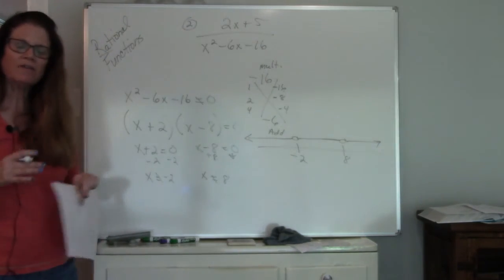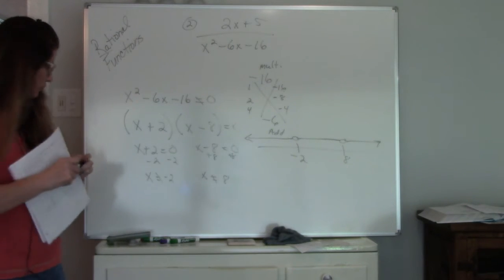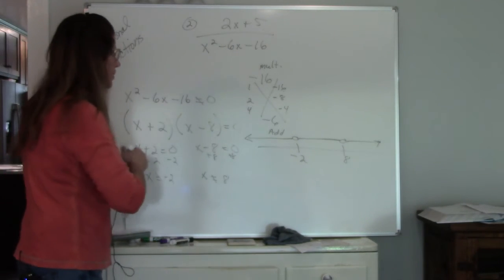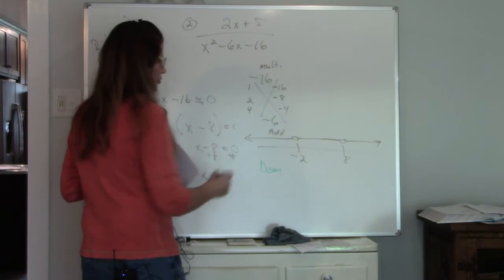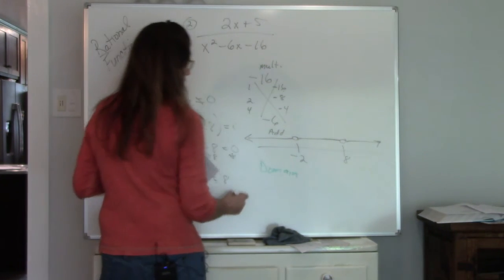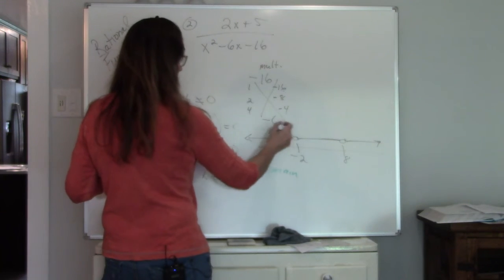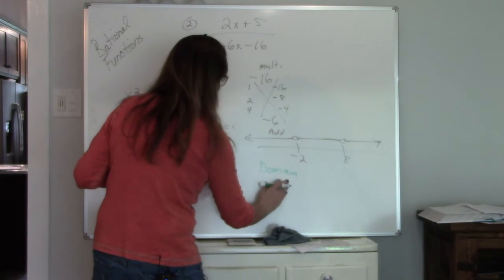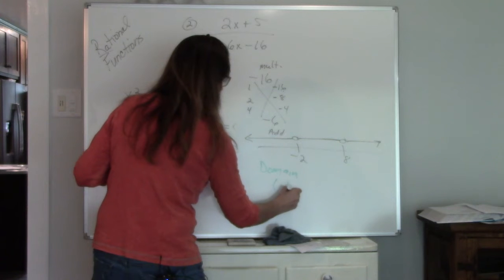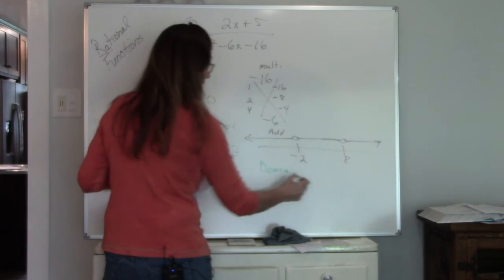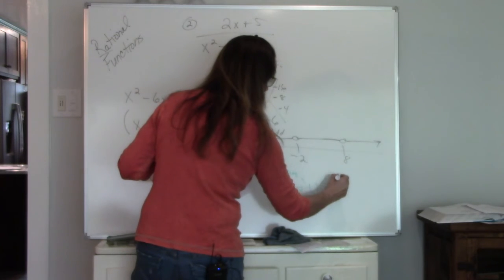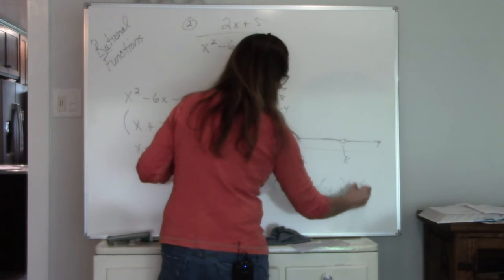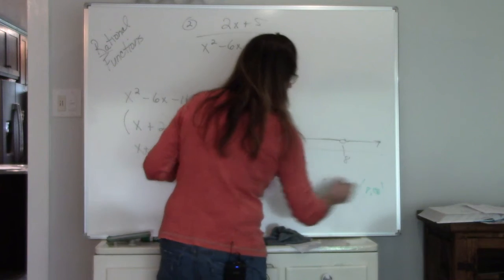So drawing a graph actually gives you a visual so that when you write out your domain, it actually allows you to see it. So I have all values from negative infinity to negative 2, parenthesis, and between negative 2 and 8, and from 8 to infinity.